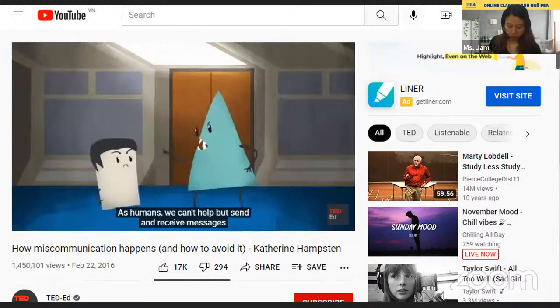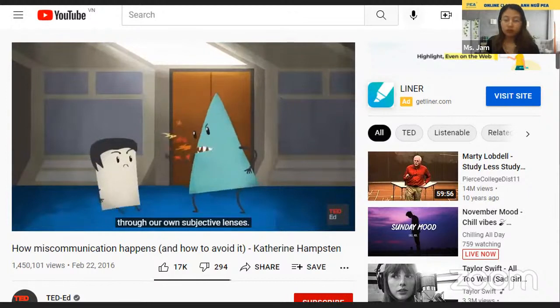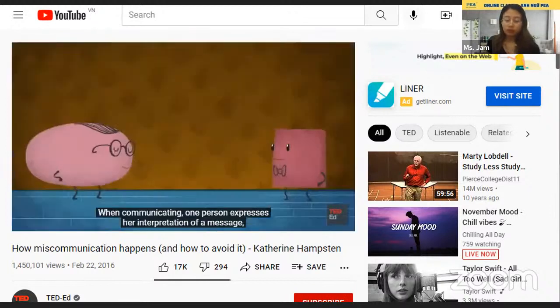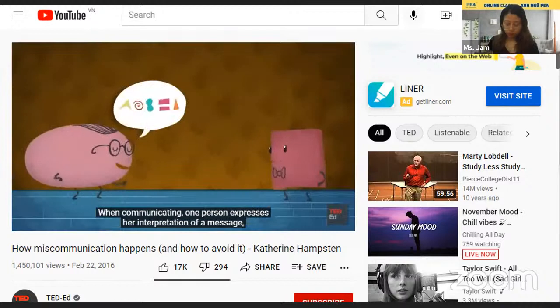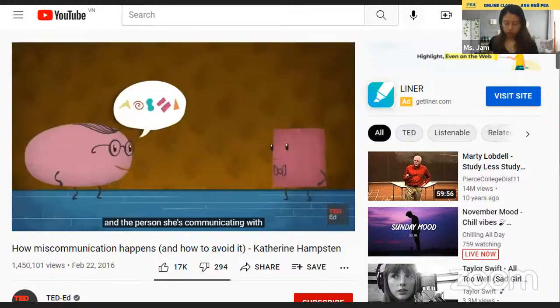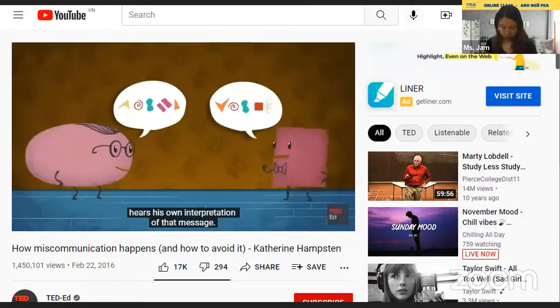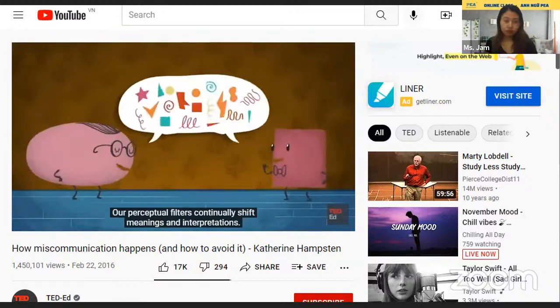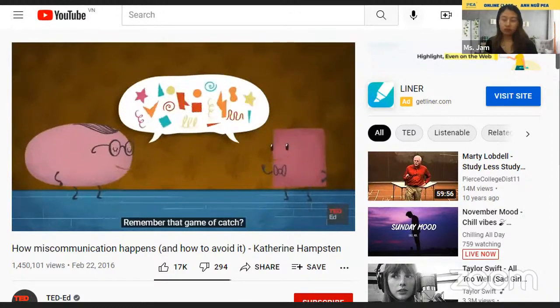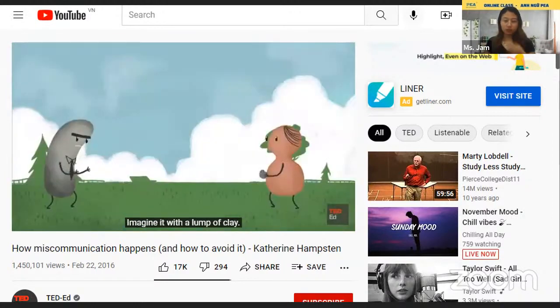As humans, we can't help but send and receive messages through our own subjective lenses. When communicating, one person expresses her interpretation of a message, and the person she's communicating with hears his own interpretation of that message. Our perceptual filters continually shift meanings and interpretations. Remember that game of catch? Imagine it with a lump of clay.